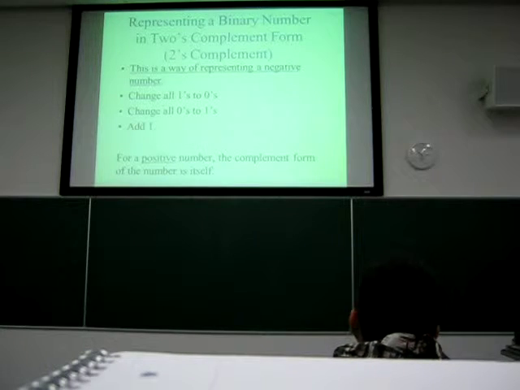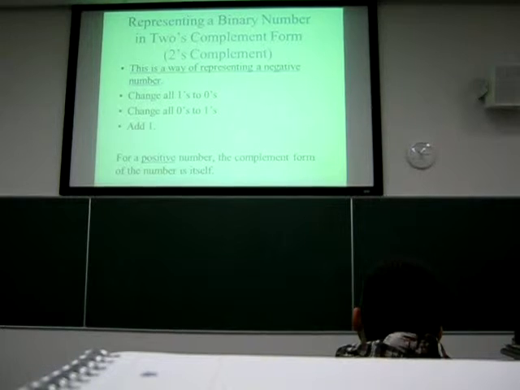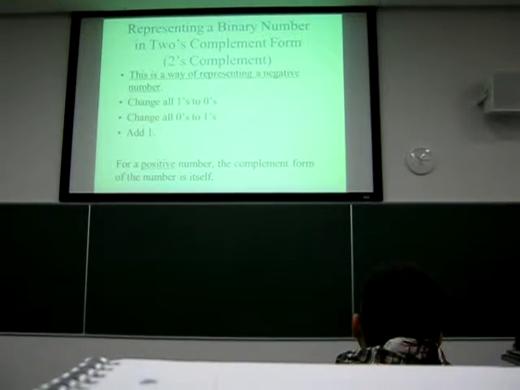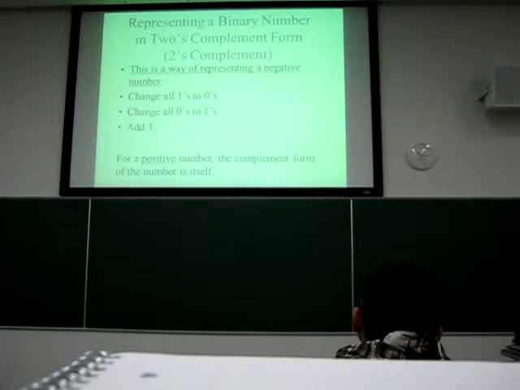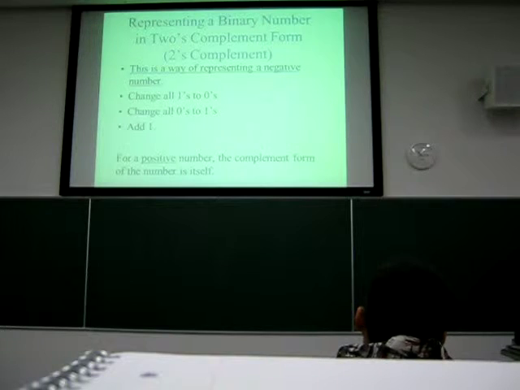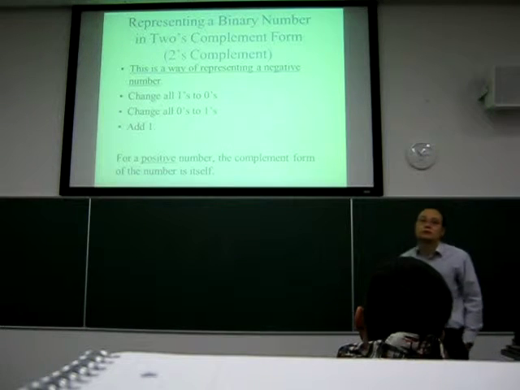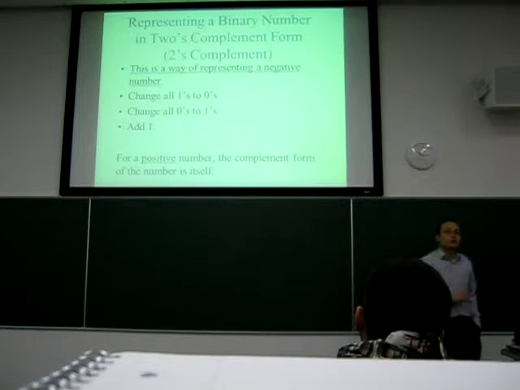So let's say you have a number. What you need to do is take the 1's complement of that number, and then add 1. Does everyone know what is 1's complement? No? How many of you did lab 5? Okay.